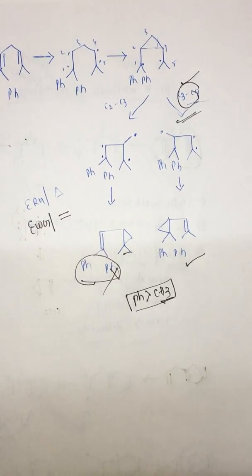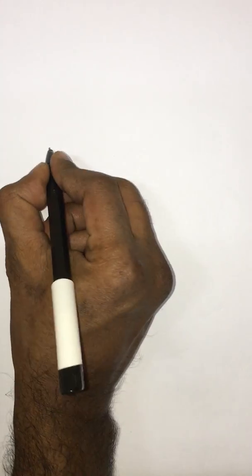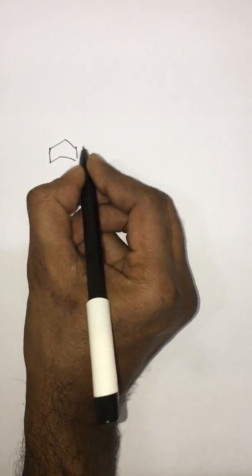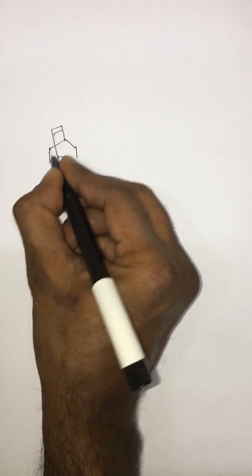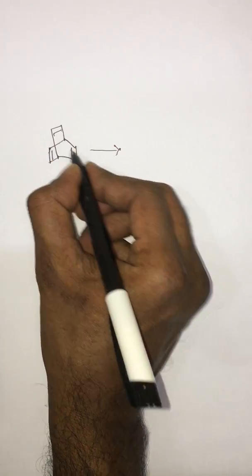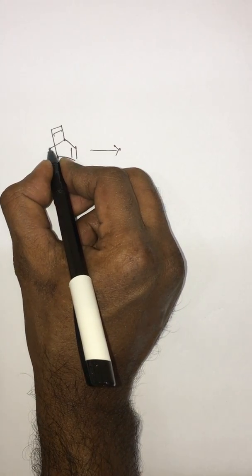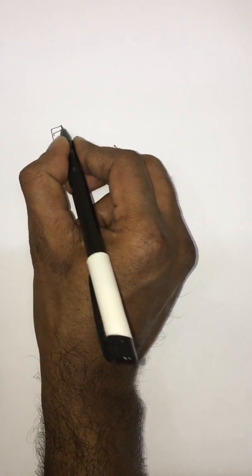And there are some examples. I am not going to draw the mechanism for this, just, so now it can be either 1, 4, means 1, 2, 3, 4, 5, 1, 2, 3, 4, 5.